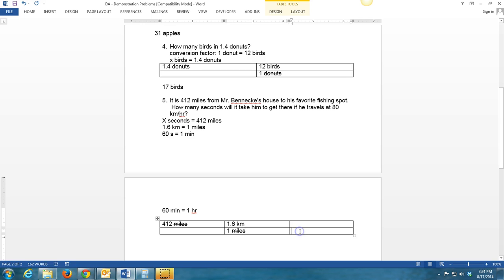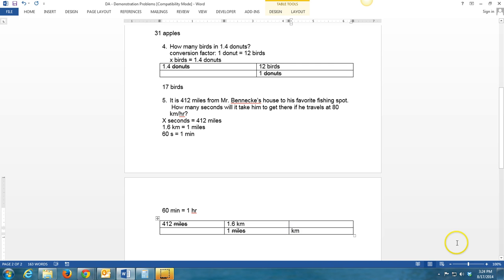And down here now I've got to put something that I know from my equation that has kilometers, that I can put something kilometers on the bottom, and I can put something else on top. So if I look back at my problem, I have 80 kilometers per hour.